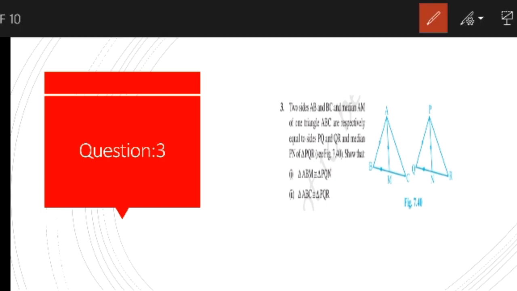Question number 3. Here two sides AB and BC and the median AM of triangle ABC are respectively equal to PQ and QR and median PN of triangle PQR.